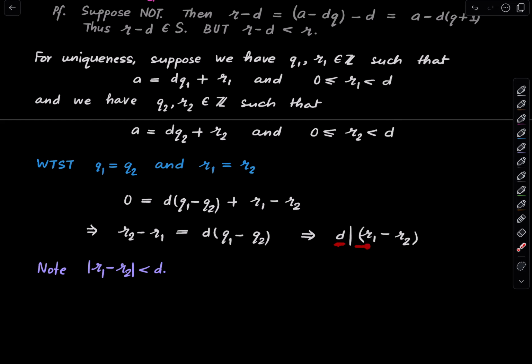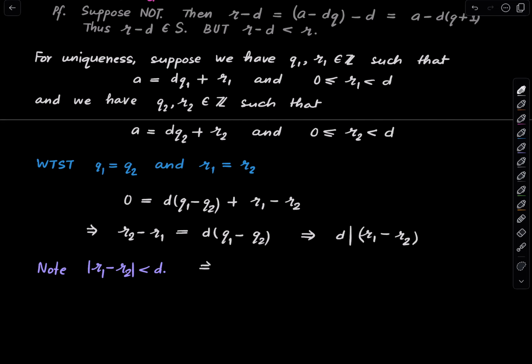If d divides some integer N, and N is non-zero, then this is necessary. Therefore, since the magnitude of this difference is smaller than d, it follows that R1 minus R2 must be 0.